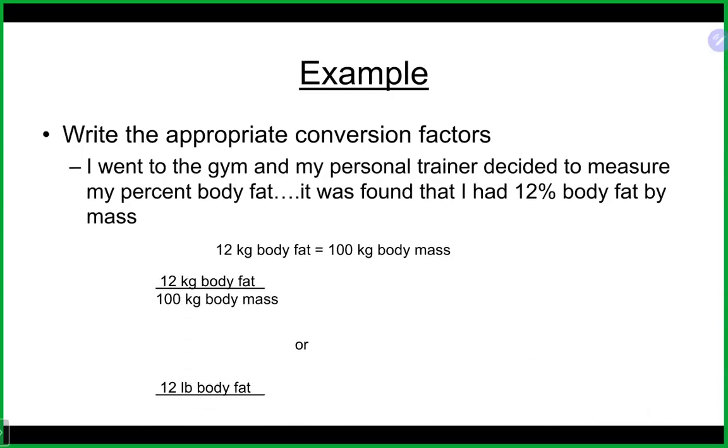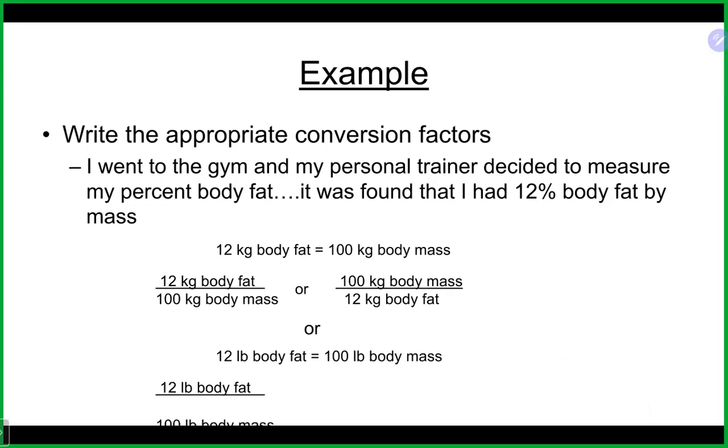Now, another very common thing that we sometimes find in problems, and we sometimes need to convert into conversion factors, are percentages. If you have a percentage of something given to you, the easiest way to convert a percentage into a usable conversion factor is to simply assume you have 100 of something. It basically keeps the number the same.